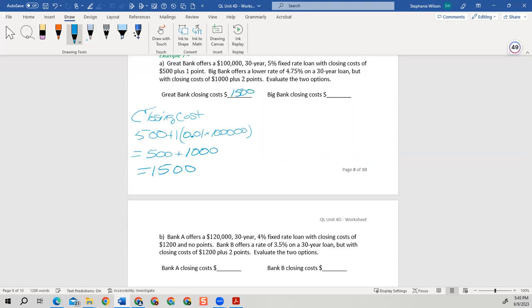Now let's figure out the closing cost for the big bank. Well, the big bank said that it had a cheaper interest rate, right? It said 30 years, but it had 2 points with $1,000 to pay down.